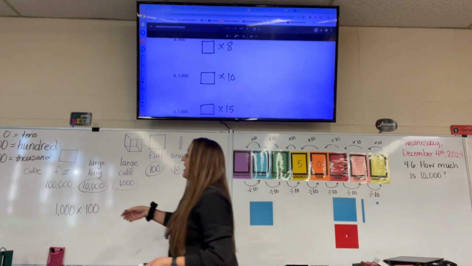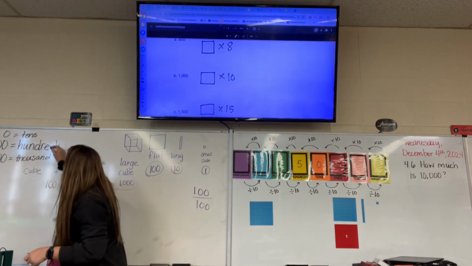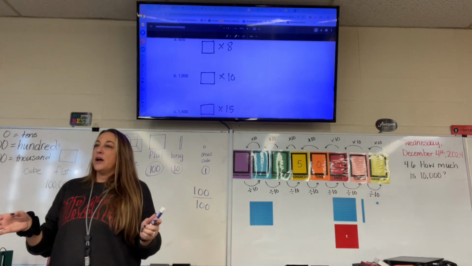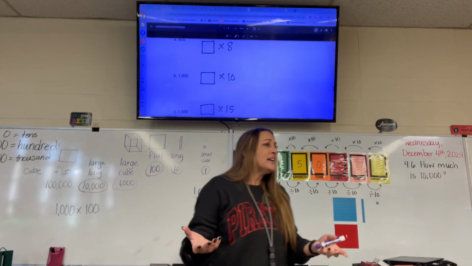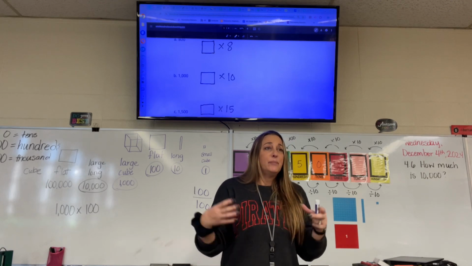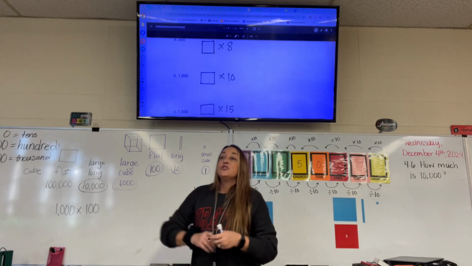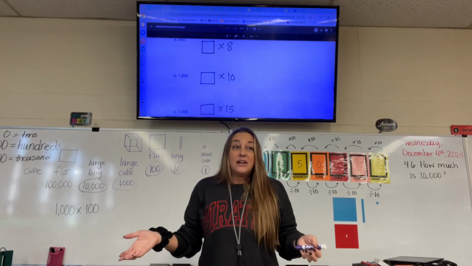And so you can replace 2 zeros in any number with the word hundreds. So if you're trying to figure out, you guys know our biggest dollar amount is $100, right? They used to, a long time ago, have a $1,000 bill, but they don't have it anymore.